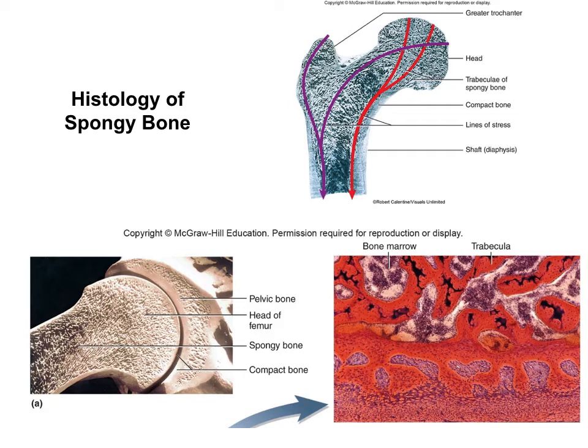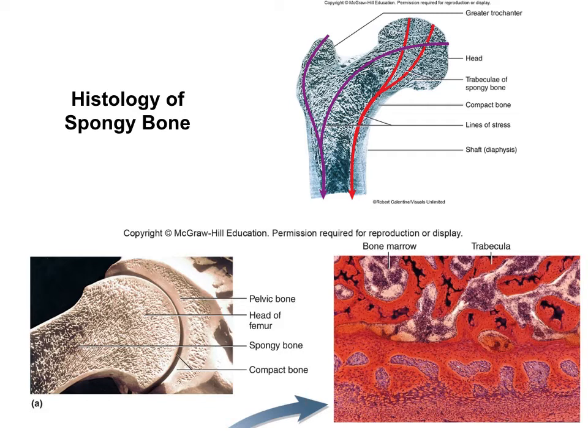Now, if you think about long bone anatomy, this ability is reflected in the anatomy. Your epiphyses, the part of the bone that is actually at the joint, is primarily made out of spongy bone with only a thin layer of compact bone on the outer surface.